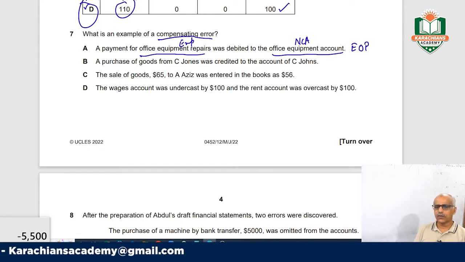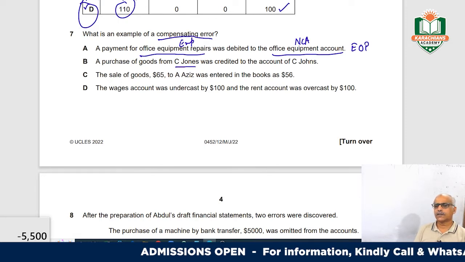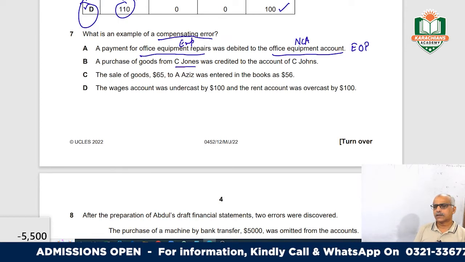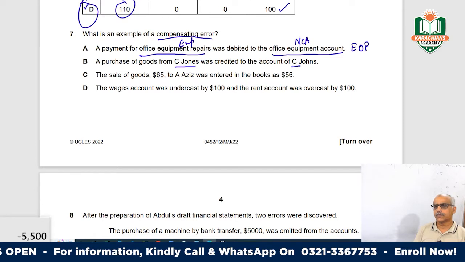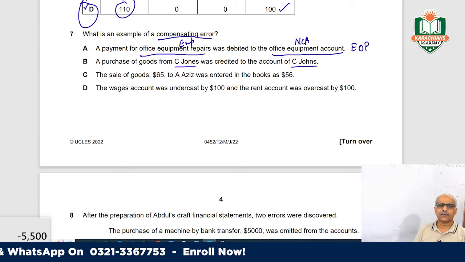A purchase of goods from C. Jones: the purchase is debited and you were to credit C. Jones, but it was credited to another creditor whose name was also similar, with a spelling difference.